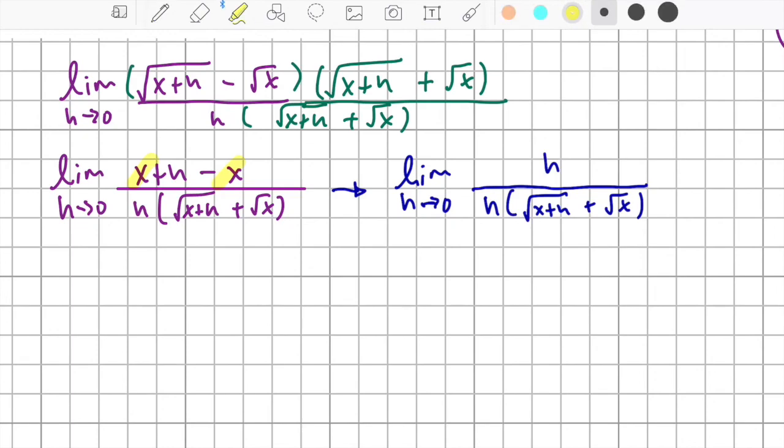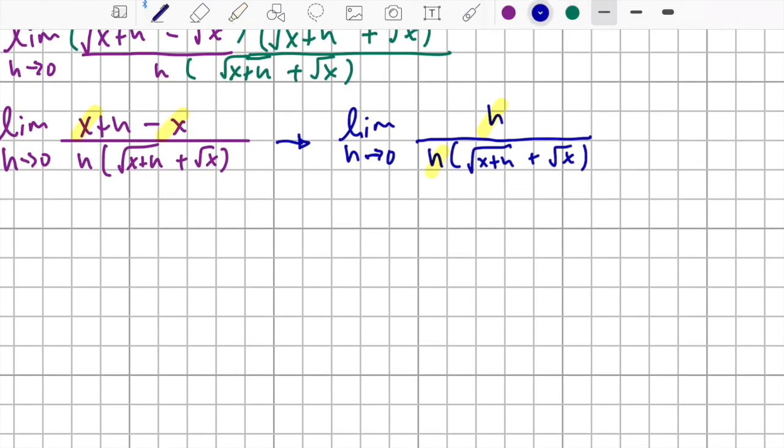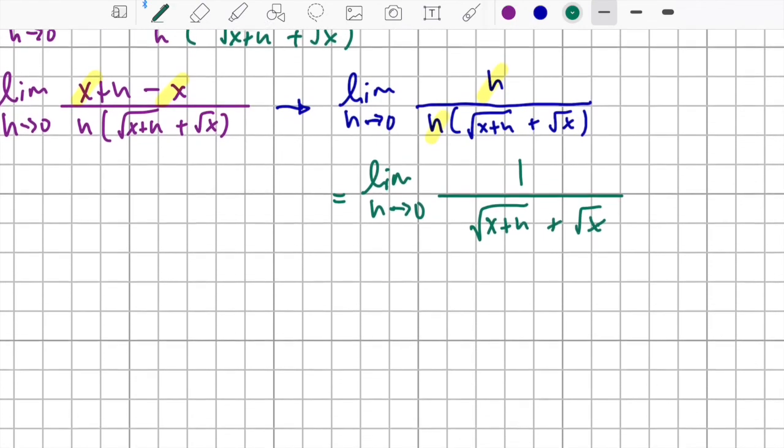Before we do anything else, I notice that I can cancel out the h's, make things easy. So now I'm left with the limit as h approaches 0. In the numerator, don't forget, we're left with a 1. In the denominator, we're left with the square root of x plus h plus the square root of x.